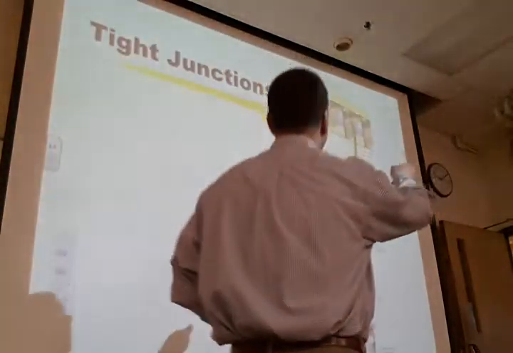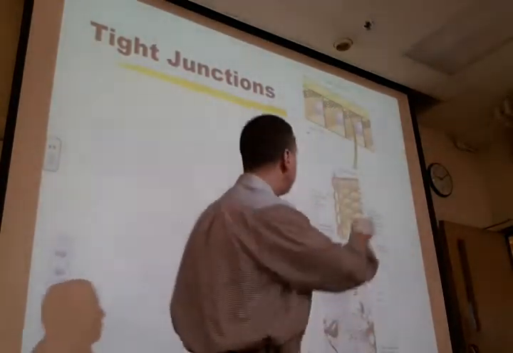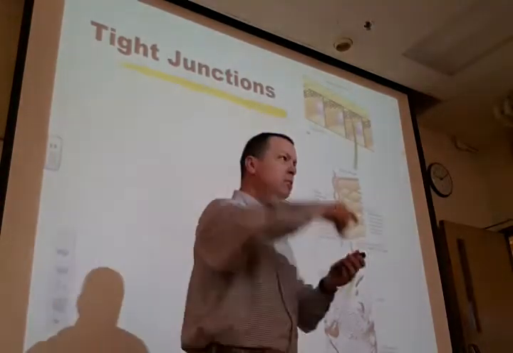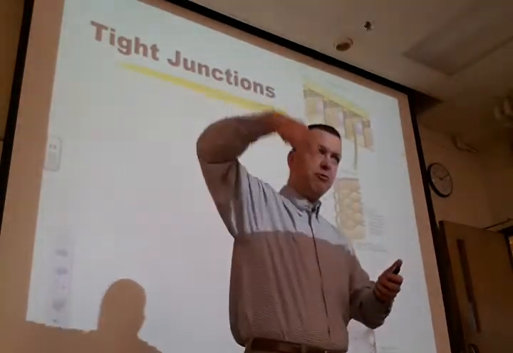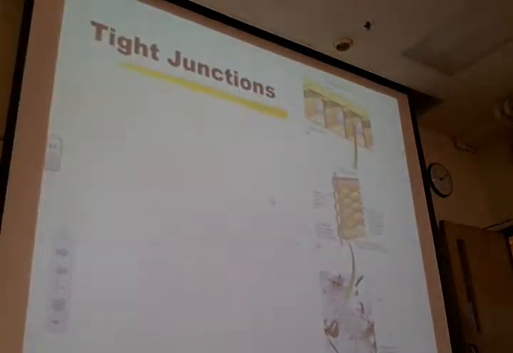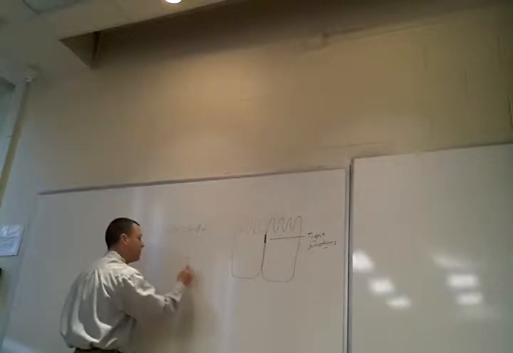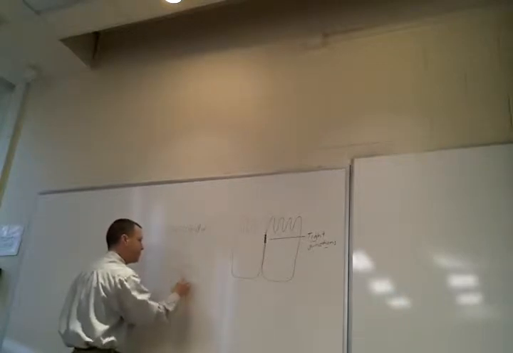And this top figure is pretty good as well because it gives a quasi three-dimensional idea here. So you need to picture this as a ring around the entire cell. I'm not even going to attempt to draw that three-dimensionally, but you need to picture these cells. If we looked at the sheet from the top, here's our central cell. Here are cells on all sides that we would need to connect.